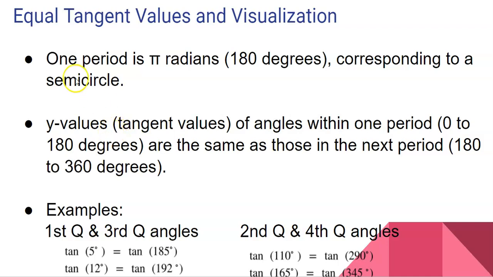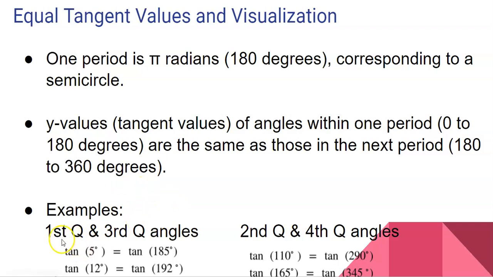Again, one period is pi radians, 180 degrees, corresponding to a semicircle. And the y values, or the tangent values of angles within one period, like 0 to 180 degrees, are the same as those in the next period, from 180 degrees to 360 degrees.